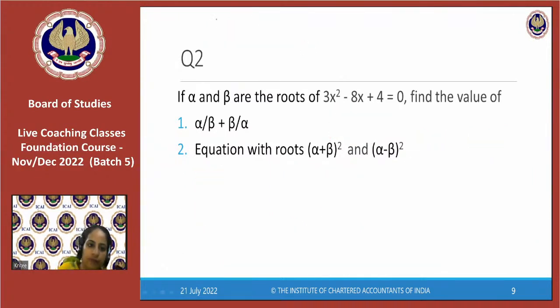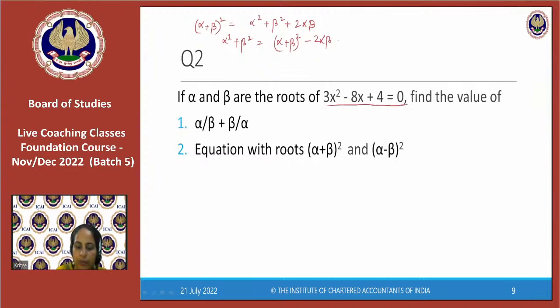Everybody look here again. The things that I used were alpha plus beta whole square is same as alpha square plus beta square plus 2 alpha beta. From here, I derived the formula as alpha square plus beta square equal to alpha plus beta whole square minus 2 alpha beta. So for this equation, my alpha plus beta is minus b by a, that is 8 by 3. Alpha beta is c by a, that is 4 by 3.